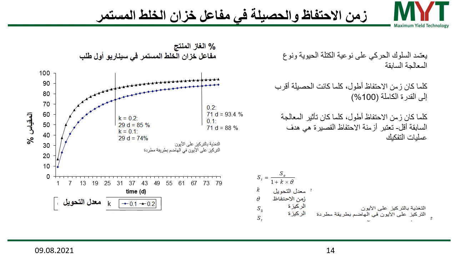You can see two curves, and these two curves represent two substrates with two degradation rates. The blue one, the lower one, is a degradation rate of K equals 0.1, and the black one is a faster degradable substrate with K equals 0.2. K is the conversion rate.